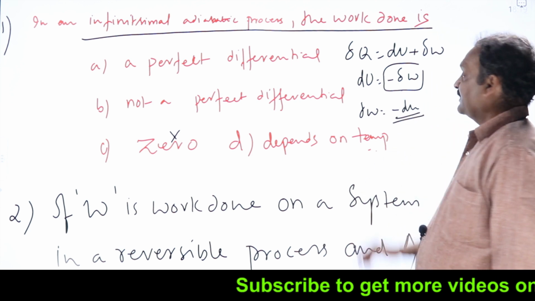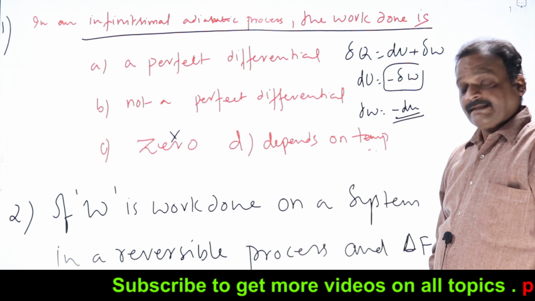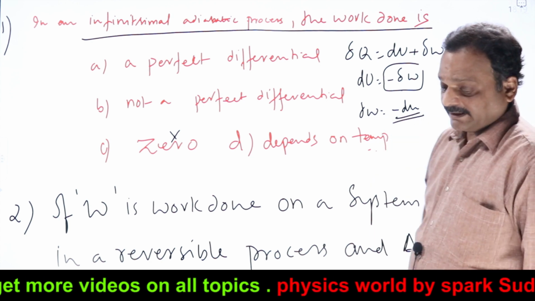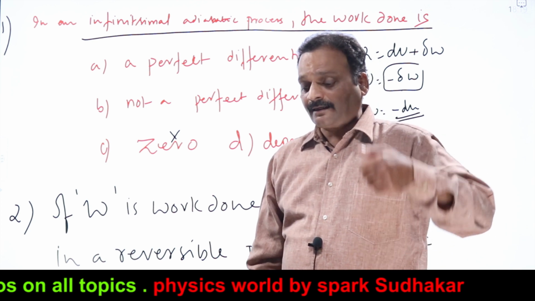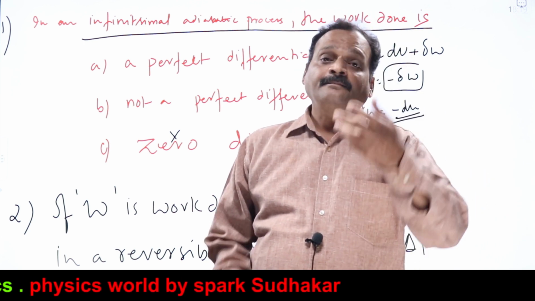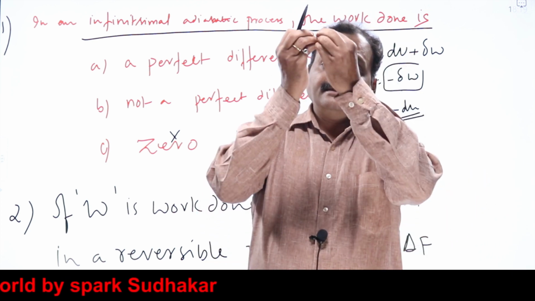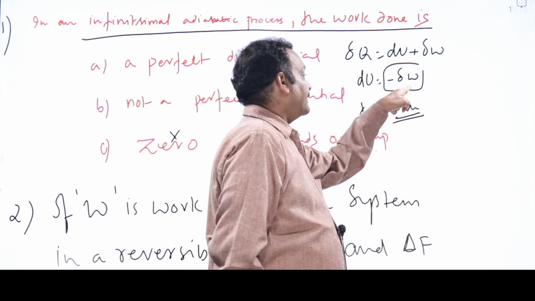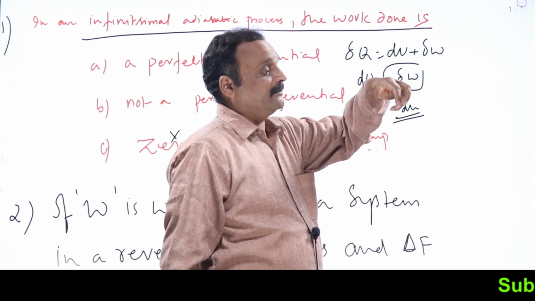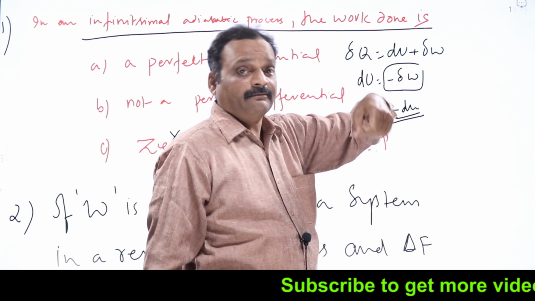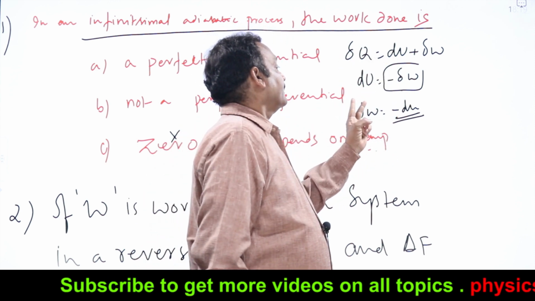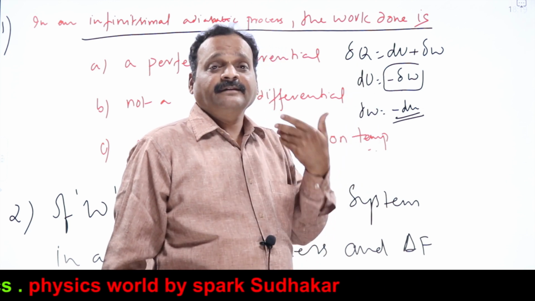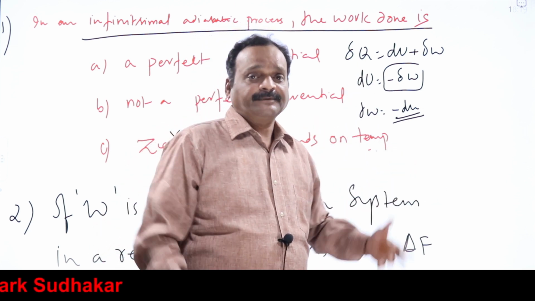U, the internal energy, is a perfect differential. If the gas pushes the piston up, work is done by the system and internal energy decreases. Minus delta W means work done on the system; whatever work you do on the system, internal energy increases. Is internal energy a perfect differential or an imperfect differential? You choose the option for yourself.